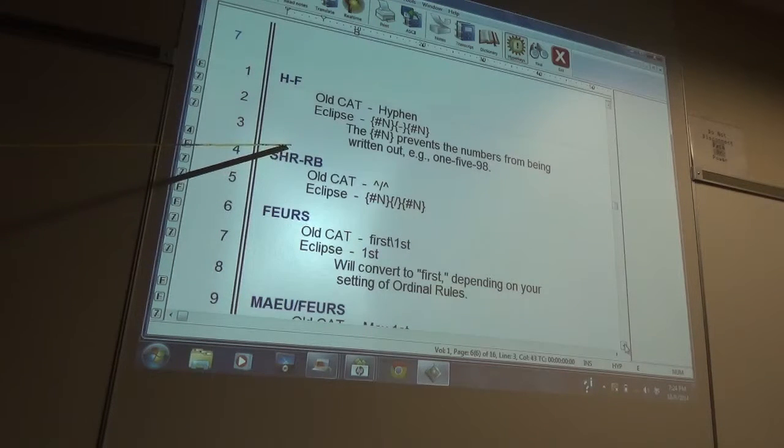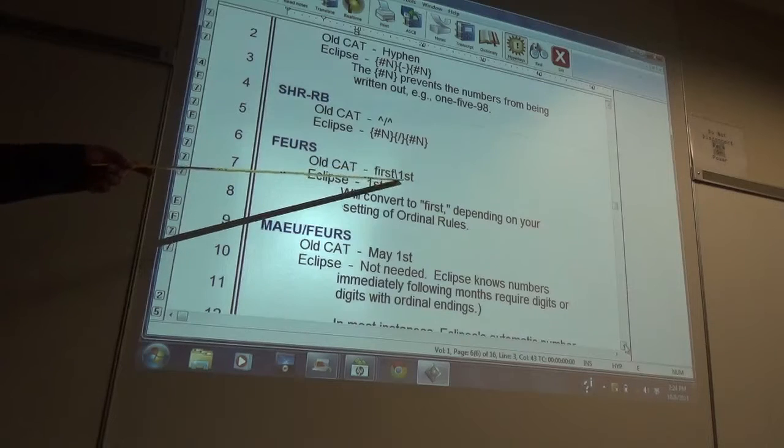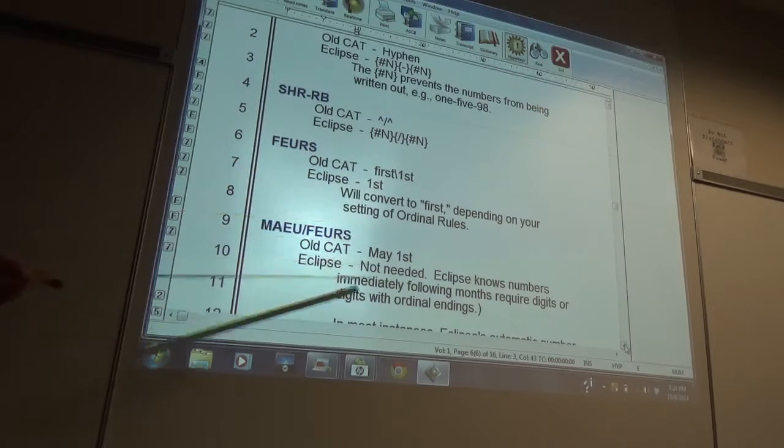Same thing with a slash. Changing to ordinals is the same way. If you want to do first, second, whether you want it to be first or first, this is the way that you write it out. Okay? The way that I do it is 1E.